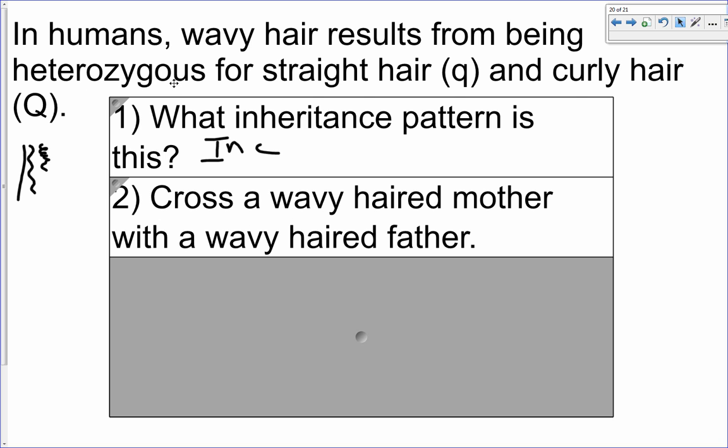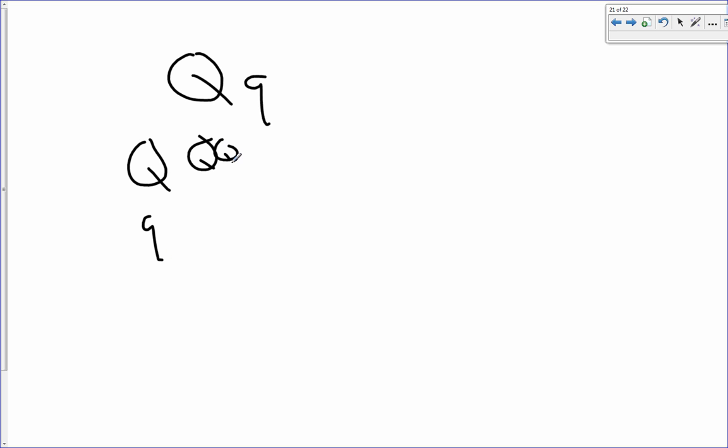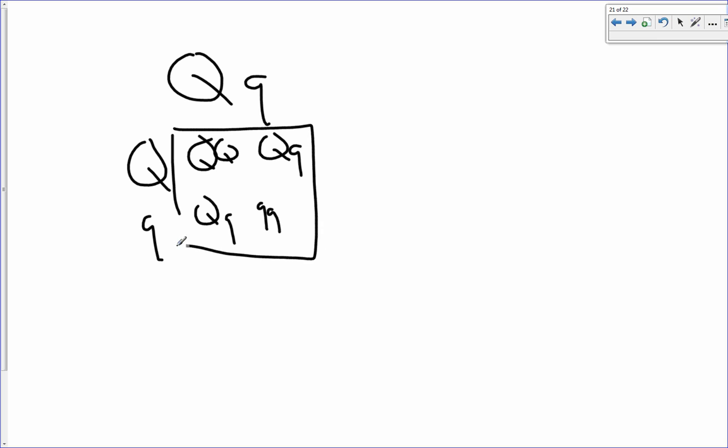So if we do our genotype and phenotype ratios, it's going to be 1 out of 4. And notice how I switch back and forth between using fractions and percentages. It really doesn't matter because they mean the same thing. Big Q is going to be 2 out of 4. And little q is 1 out of 4. So if we look at what these would be, big Q, if we go back to what our alleles mean, that's curly hair.